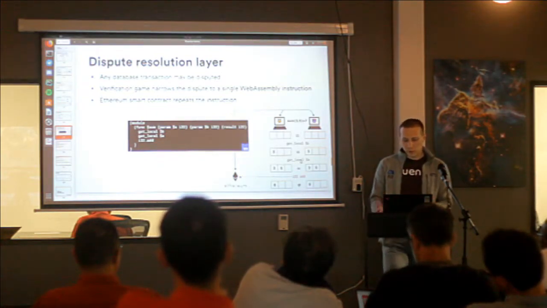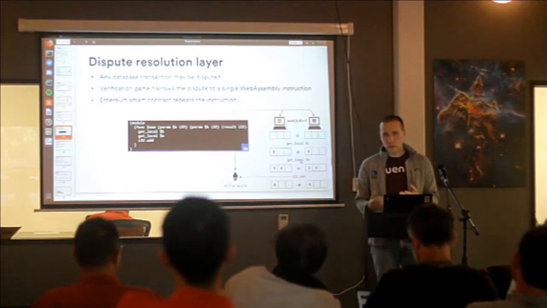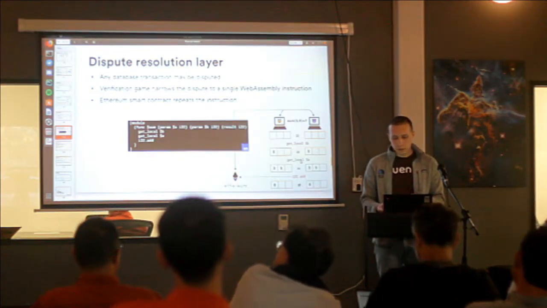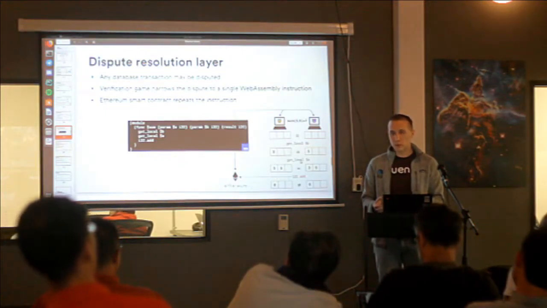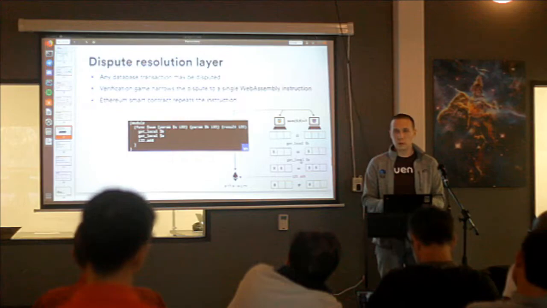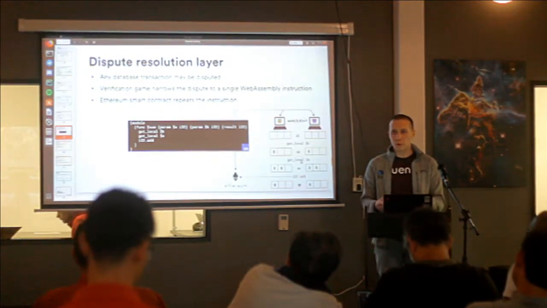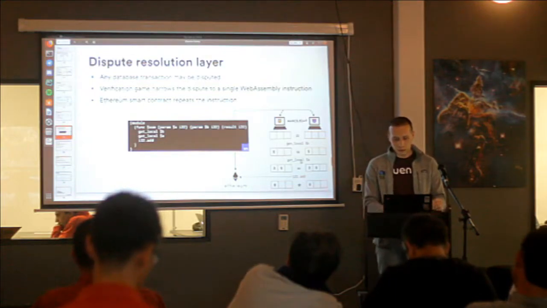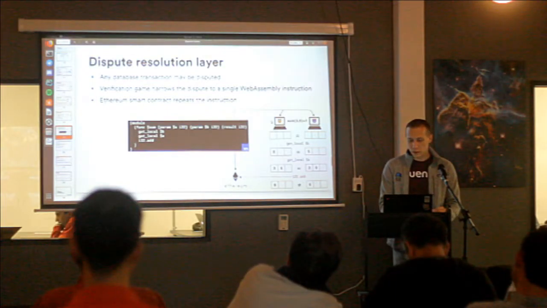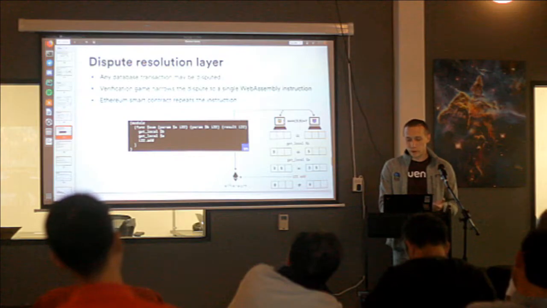So what happens here is that you can take this summation instruction and just give it to the Ethereum smart contract. You can take the input to this summation instruction and pass it into Ethereum, and then the Ethereum smart contract executes this instruction and says that the left machine is the one that got the computation correct.